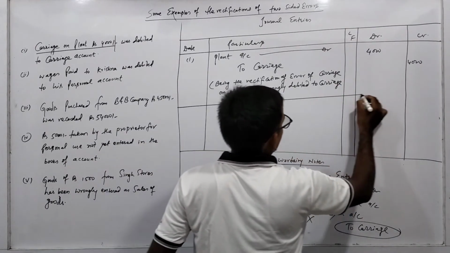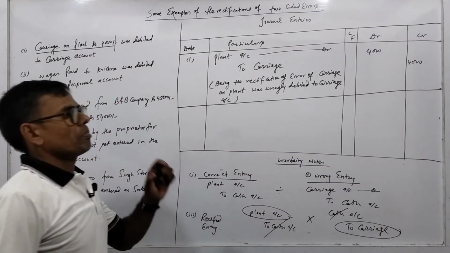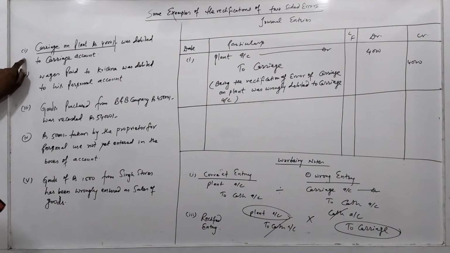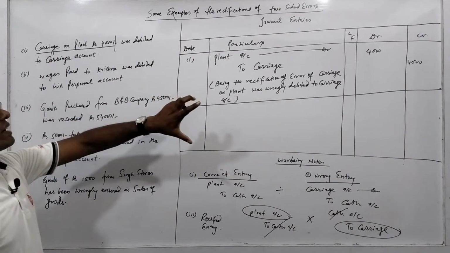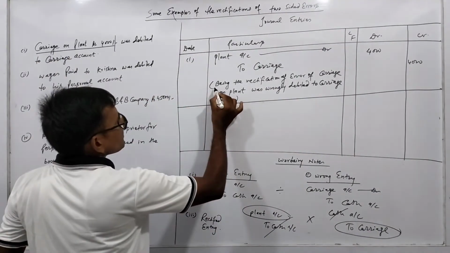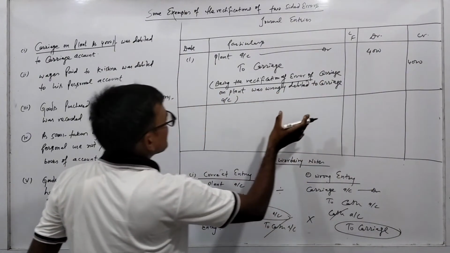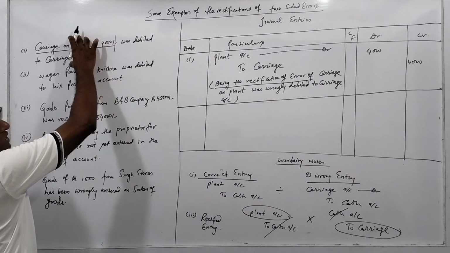So in this way you can pass the rectified journal entry for question number 1. How to write the narration? You just add "being the rectification of errors of" and then copy the question.